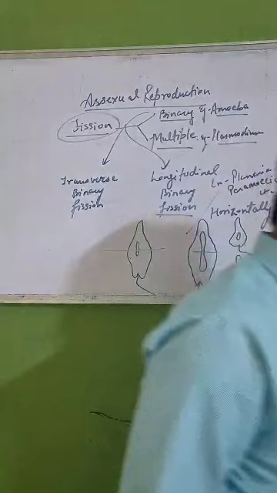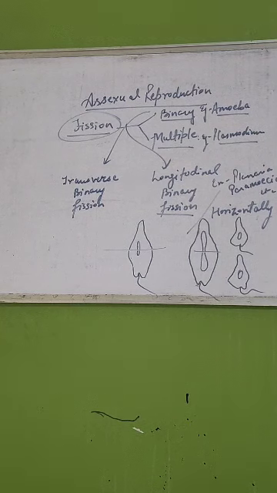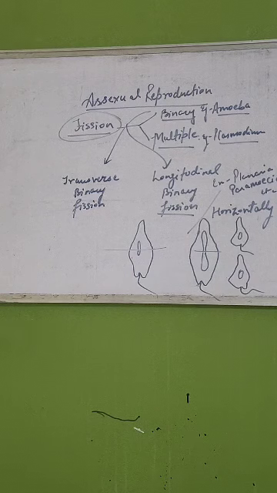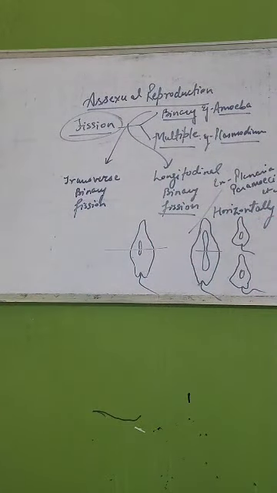And if we talk about transverse binary fission, this can be seen in euglena. This division takes place through the longitudinal axis.